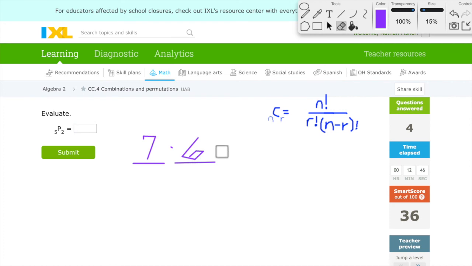Let's clear this. However, we have 2 spots again. Let's say 2 people make the basketball team. We have 2 spots out of these 5 people who are trying out.